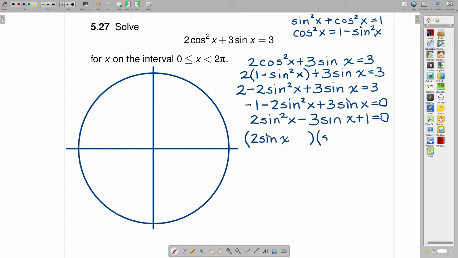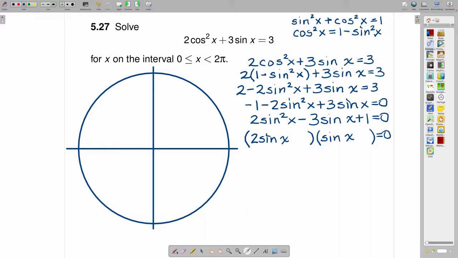And over here, we'll just have the sine of x. Now, if this is a little bit difficult to think about, it's perfectly fine to temporarily replace sine of x by y, and then you have 2y squared minus 3y plus 1 equals 0, and that'll look a little more familiar. But you can still factor it in this form right here.